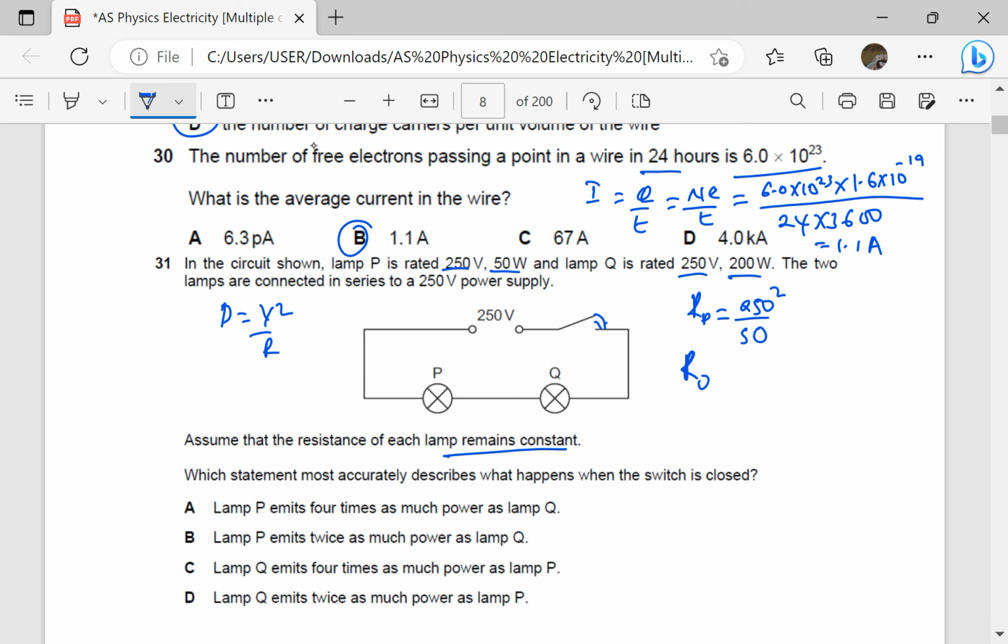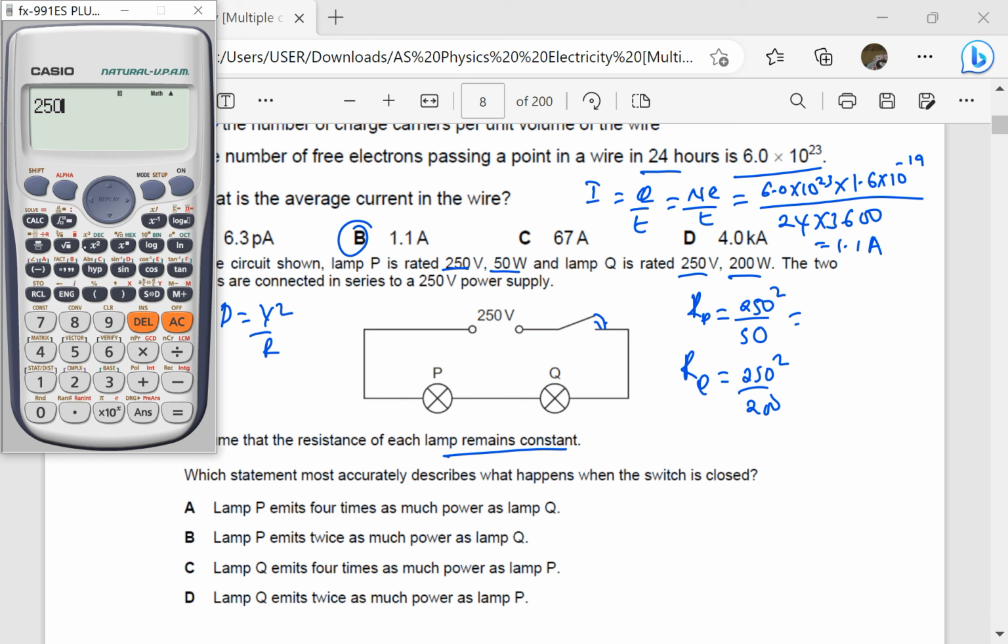And the resistance for Q is equal to 250 squared over 200. We can check: 250 squared divided by 50 is 1250.